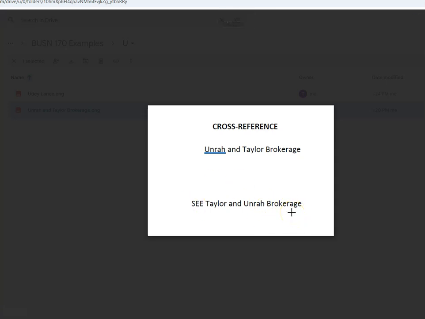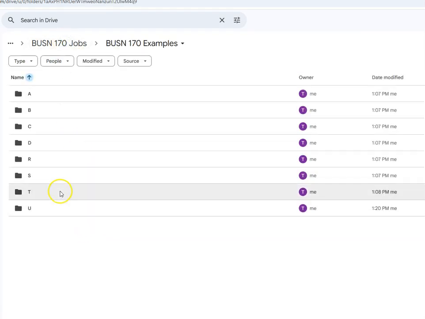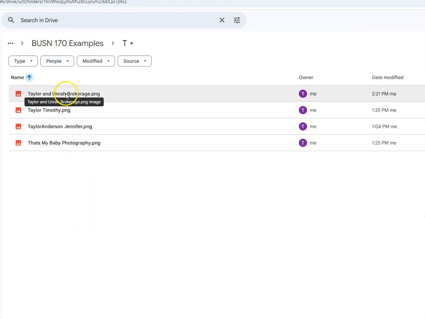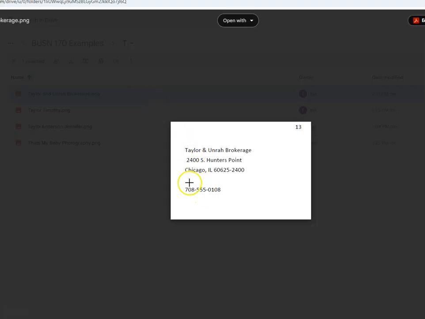If I needed the phone number for this brokerage, I would go to my T folder under Taylor and find that file. Here's Taylor and Unruh Brokerage, and here's the phone number that I would retrieve. That's just one example of a compound business name.